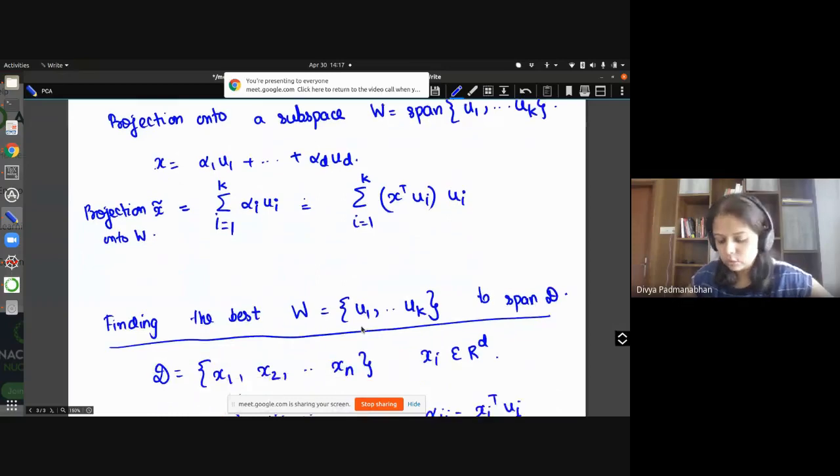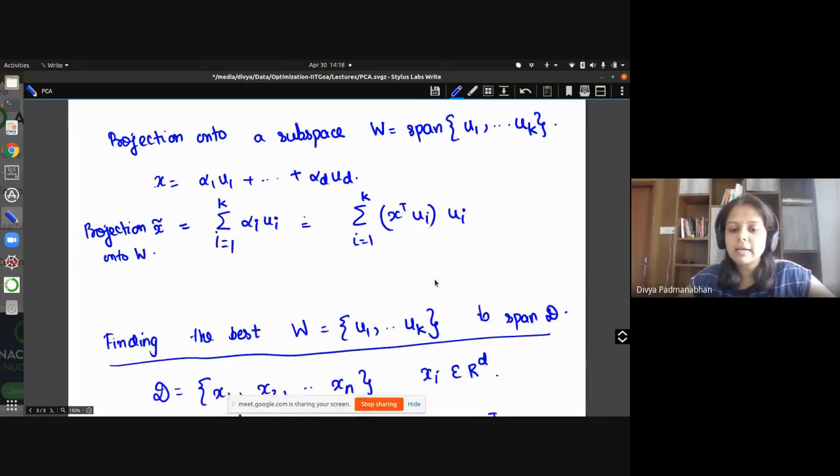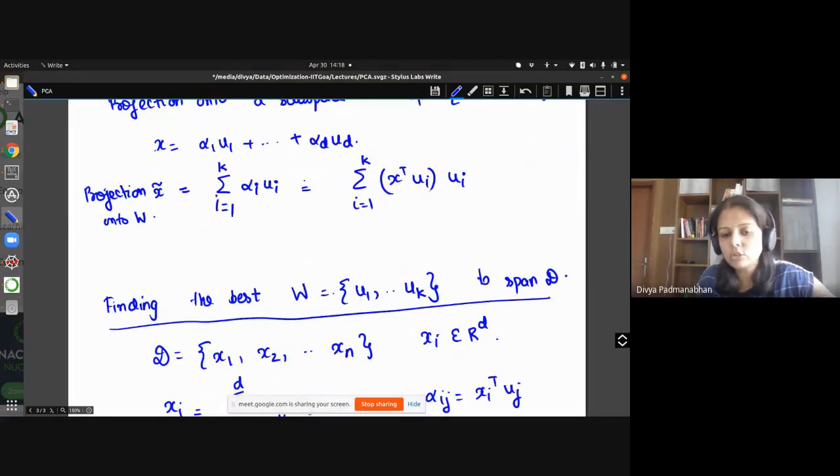What we just saw so far is, suppose you're given these vectors u1 to ud, an orthonormal basis, and a subspace described by a subset of the orthonormal basis. Then how do you find the projection? Now the task in PCA is you also want to find these vectors u1 to uk.